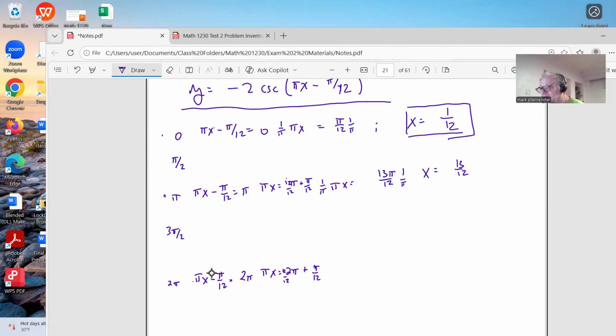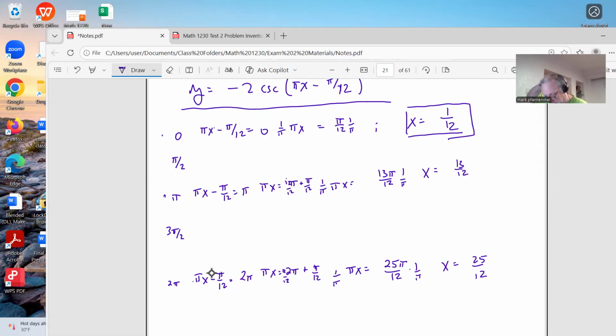Sorry, it's going to be 24 plus 1, so pi x equals 25 pi over 12. We multiply by 1 over pi on both sides, so I get x equals 25 over 12.